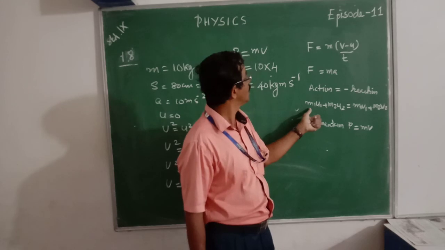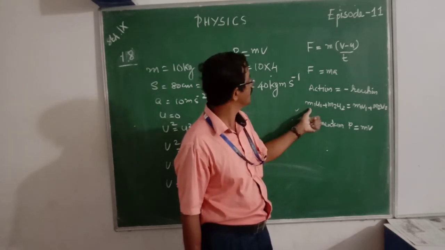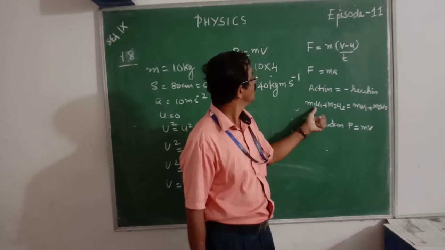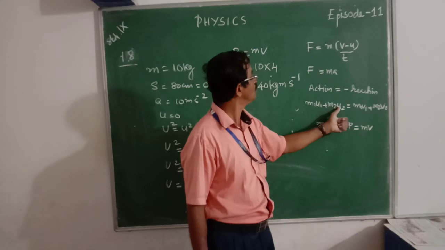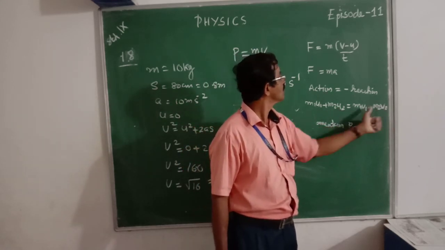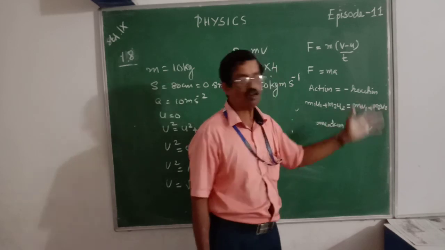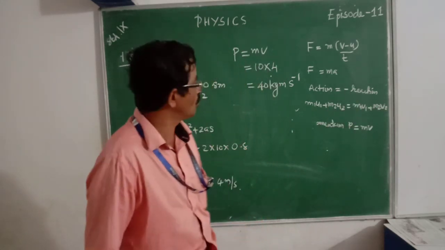Then the law of conservation of momentum. What is the law of conservation of momentum? It says the total initial momentum before collision is equal to the total momentum after collision. Momentum before collision is equal to momentum after collision.